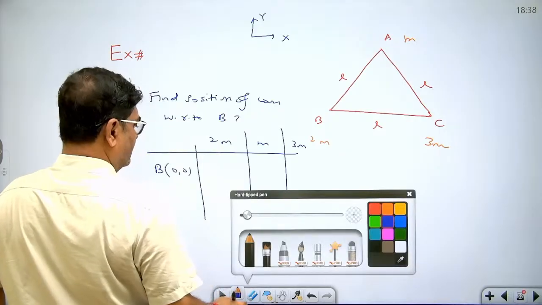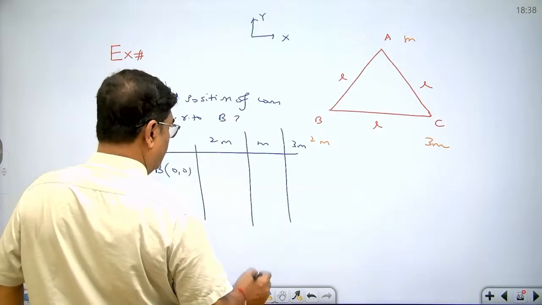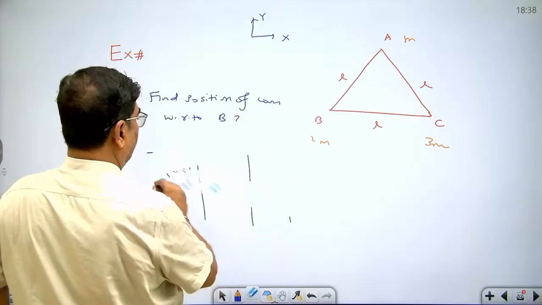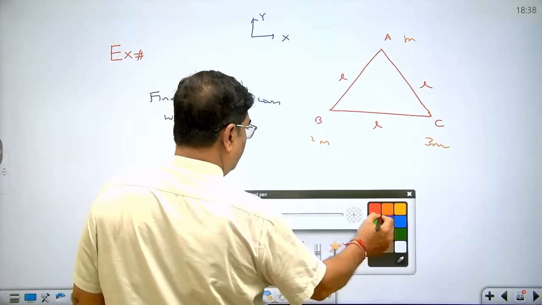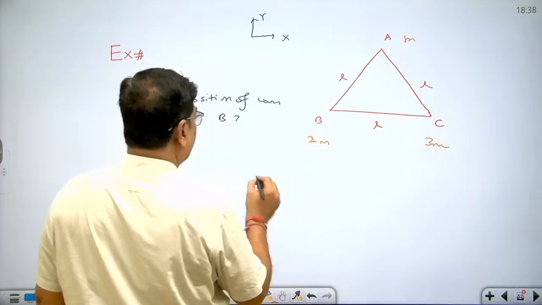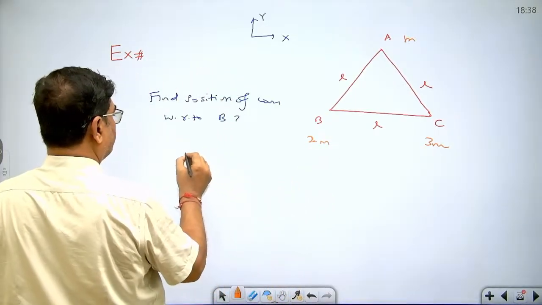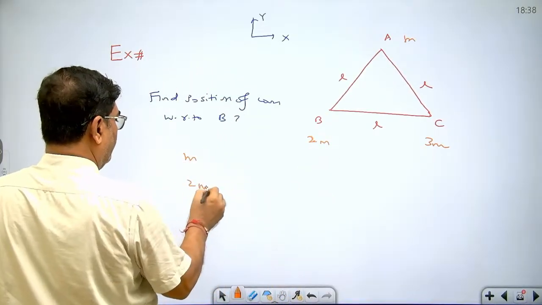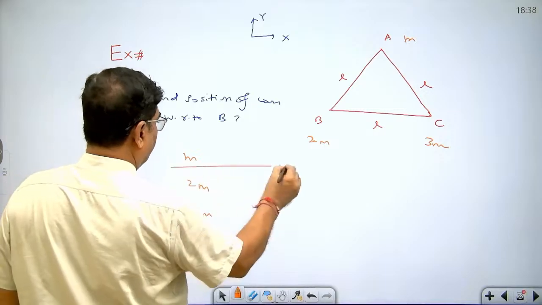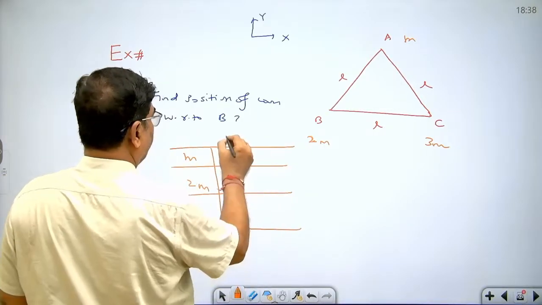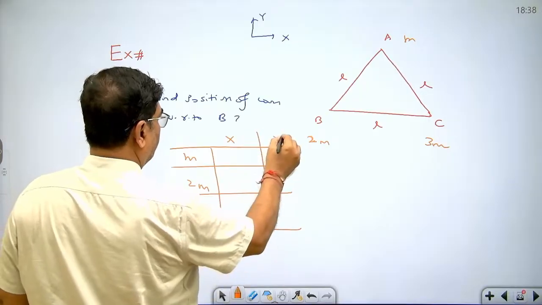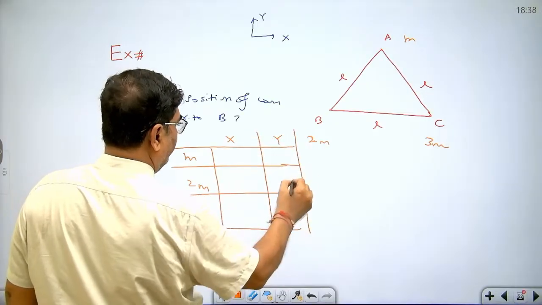We will be writing x, y, and z coordinate. Write the x and y coordinates with respect to the reference point of the various point masses.